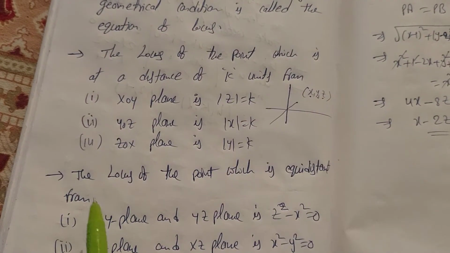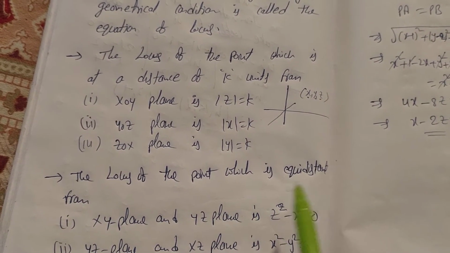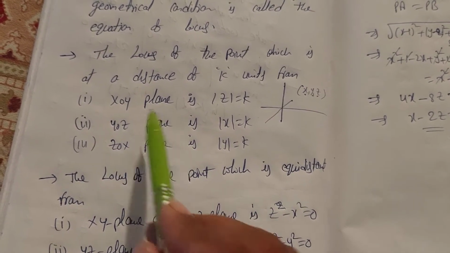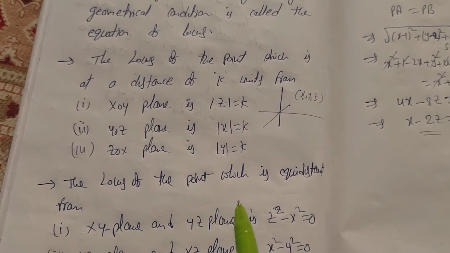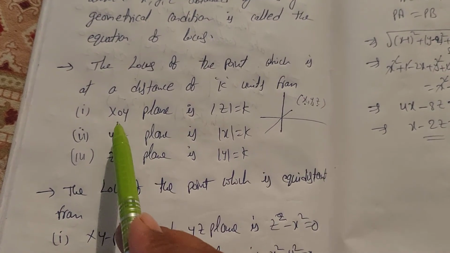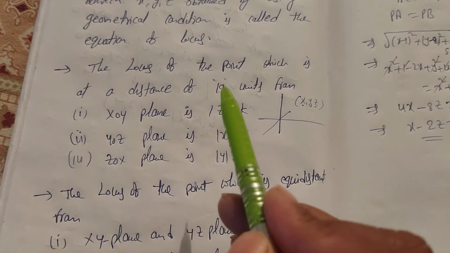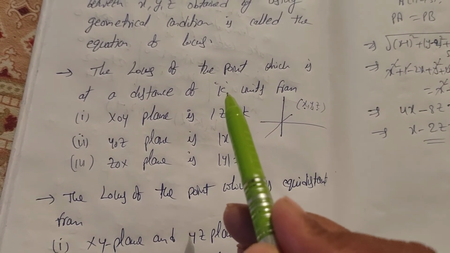Now, the locus of the point which is equidistant from the xy plane and the yz plane. Let us consider the equidistance to be some k units.